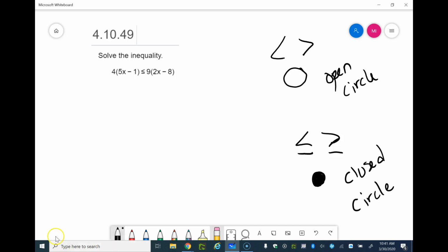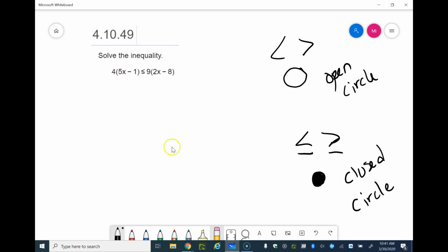The reason being is if you have this equal sign, we're trying to include it. If we have just less than or greater than, open means we're not actually including that number. So just keep that in mind when you're doing a number line and you see an open circle, look for the symbols. If you see a closed circle, look for the symbols of less than or equal to, greater than or equal to.